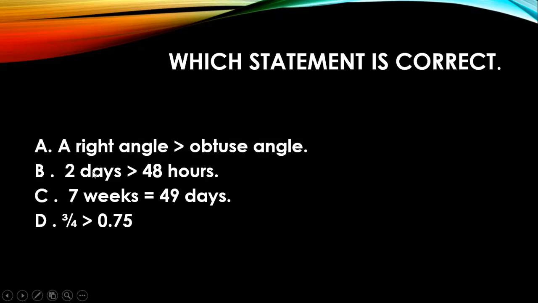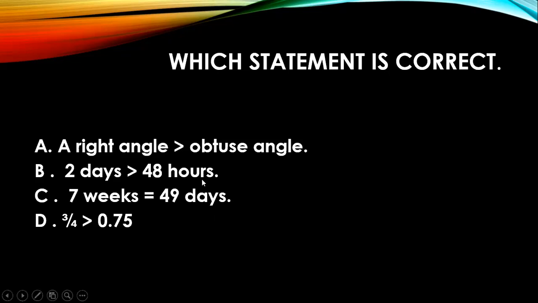Choice B, or the second statement: 2 days is greater than 48 hours. Is it true or false? Remember, 1 day is equal to 24 hours. So if 1 day is equal to 24 hours, then 2 days is equal to 48 hours.